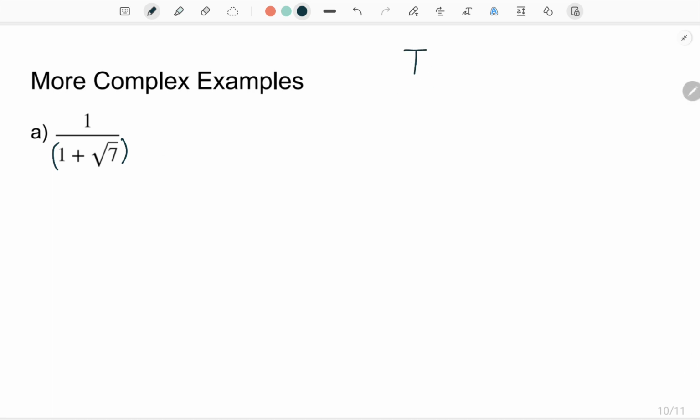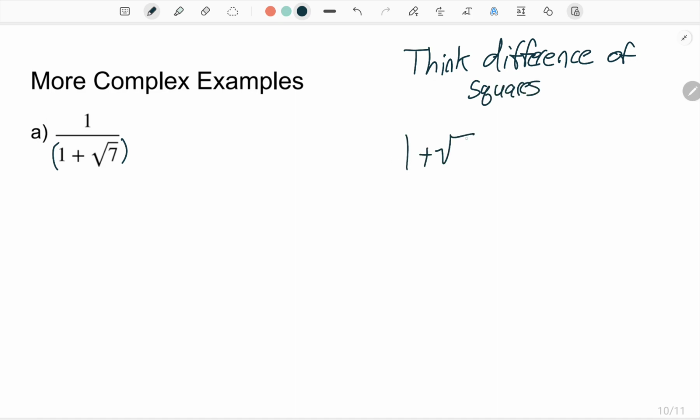Well, in a sense, think difference of squares. So let's say if I have 1 plus root 7, or if you had 1 plus x, or whatever it might be, if you're setting up a difference of squares, you'd start with the same first number and just do 1 minus the second part.